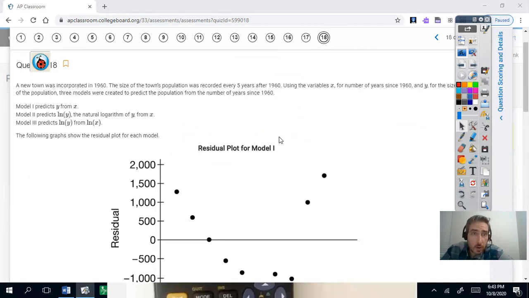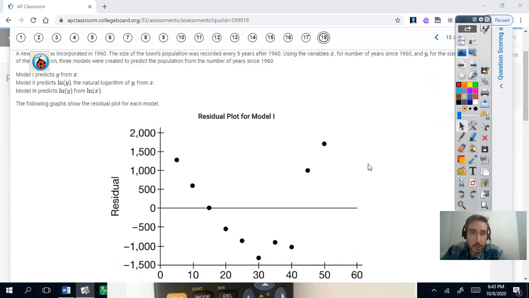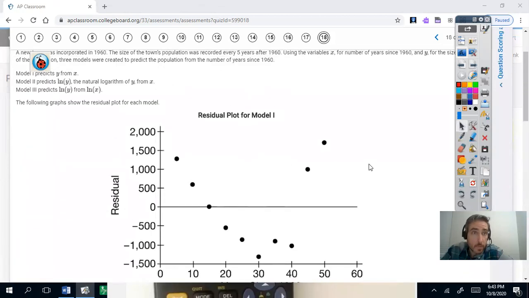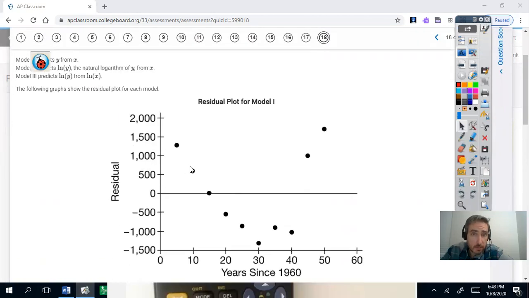A new town was incorporated in 1960. The size of the town's population was recorded every 5 years after 1960, using the variables x for number of years since 1960 and y for the size of the population. 3 models were created to predict the population for the number of years since 1960. Boy, they like to repeat themselves. All right, model 1 predicts y from x.